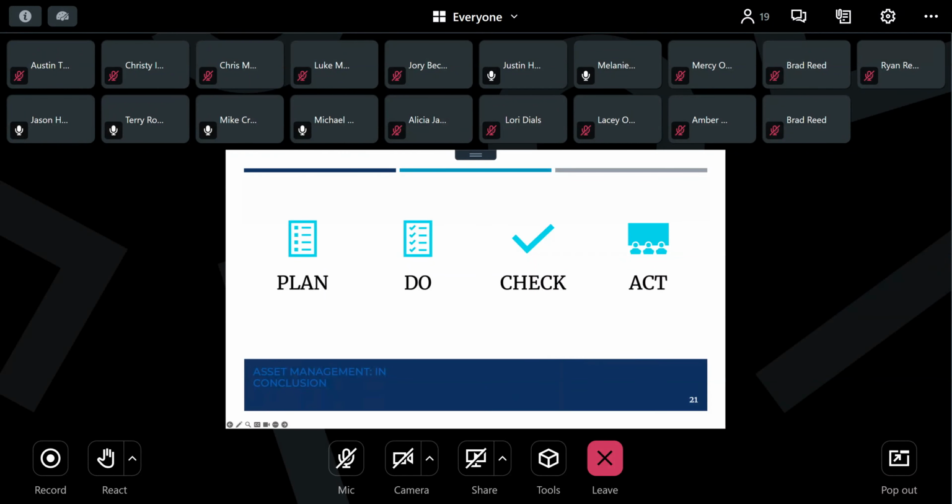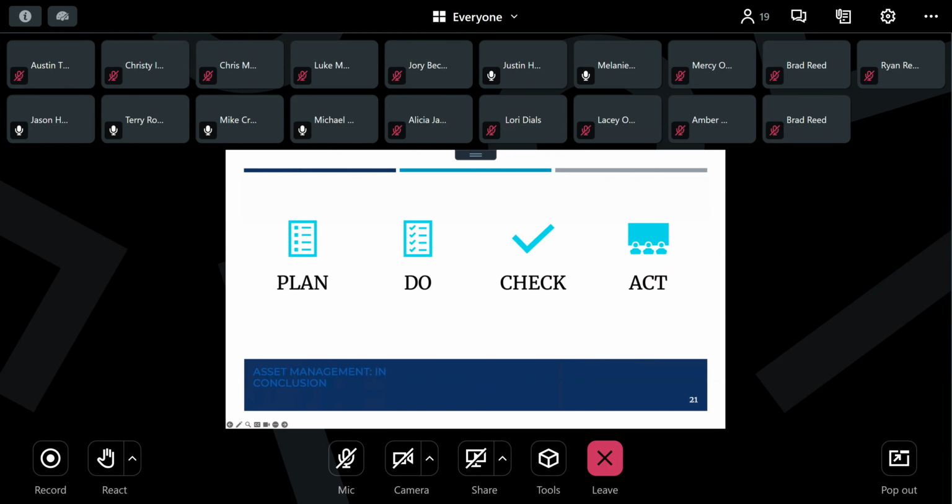So typically, AIA projects will help with a complete inventory of all assets, risk-based condition assessments of most of your critical assets, an O&M plan for most critical assets, and then a capital improvement plan.